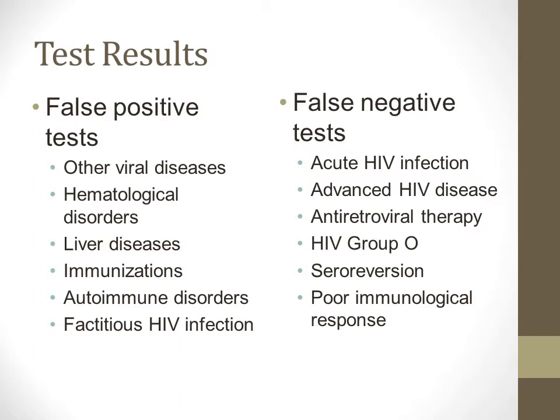Or a patient has autoimmune disorders, or a strange thing called factitious HIV infection, where patients self-report to be HIV infected, but on testing are found to be HIV negative, either because they believe they have HIV or they want to mislead the health care system, whatever the reason.